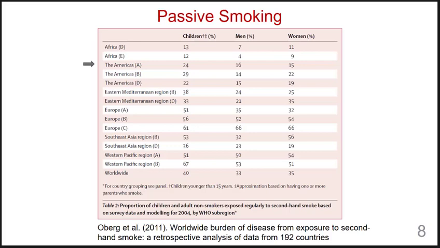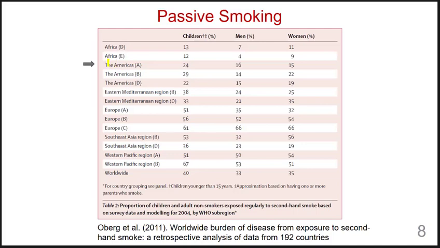What about passive smoking? Passive smoking is the inhalation of smoke. We call it secondhand smoke or environmental tobacco smoke by persons other than the intended active smoker. And it occurs when tobacco smoke permeates an environment and causes people in that environment to inhale it unintentionally.